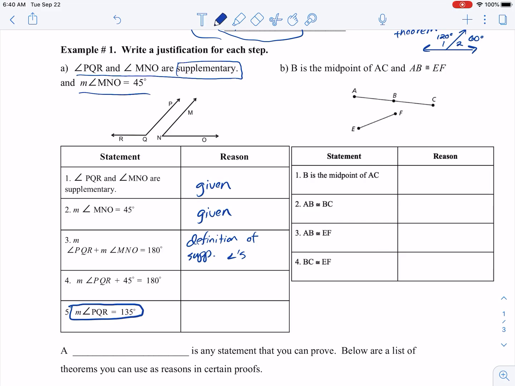Okay, great. We are also told that the measure of angle MNO is 45 degrees. So we could take 45 degrees and plug it into any equation where we see the measure of angle MNO, which is right below, and that would be using the substitution property of equality.